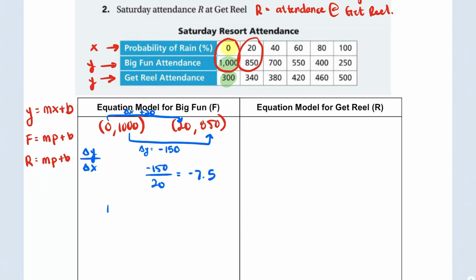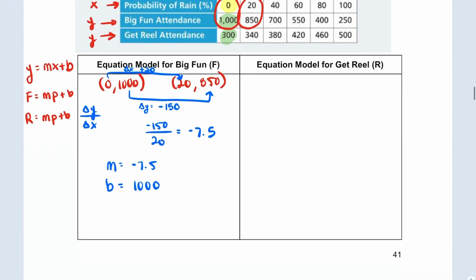I know that my m is going to be negative 7.5. My y-intercept, or b, is going to be 1,000. So when I write the equation for Big Fun, that's going to be negative 7.5, which is m, multiplied times the probability of rain, and then I add 1,000. And there we go.